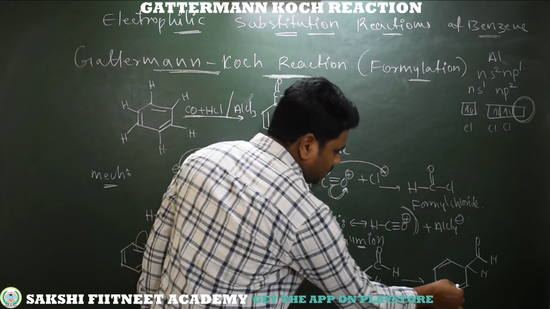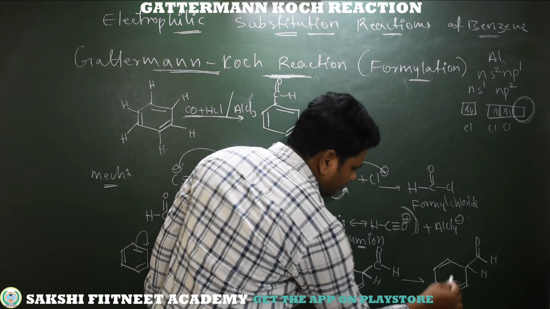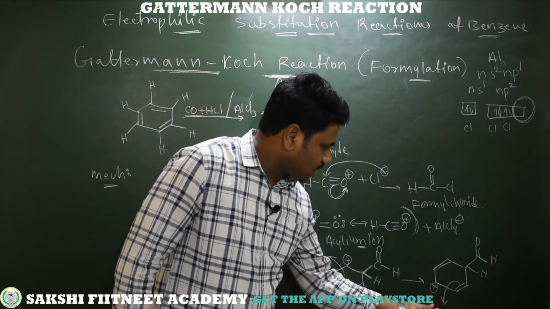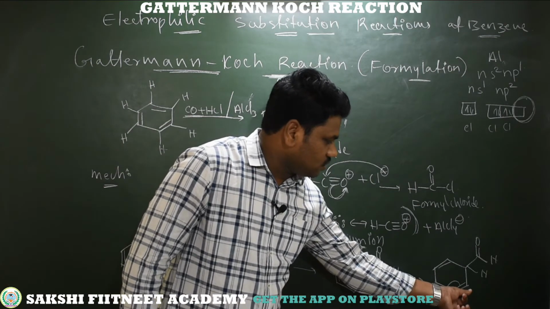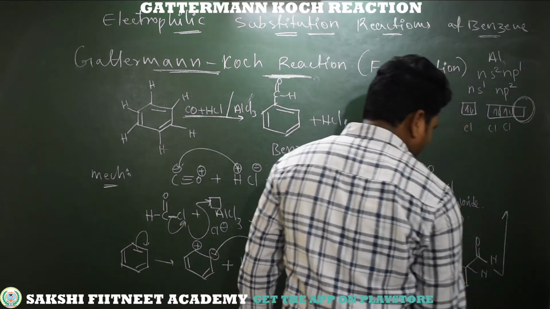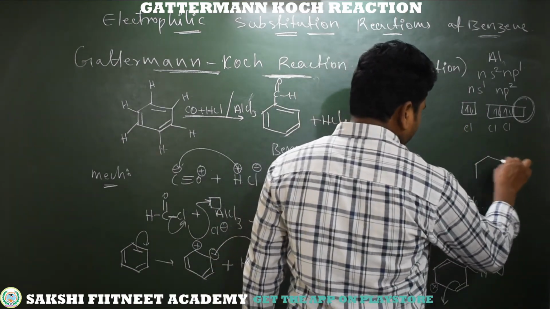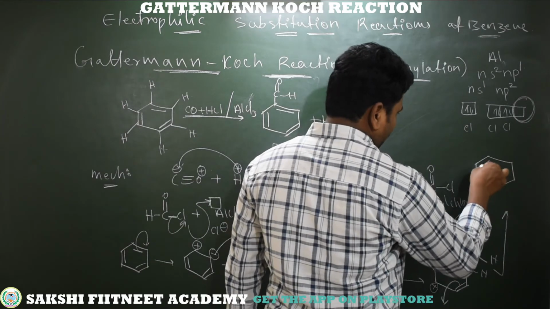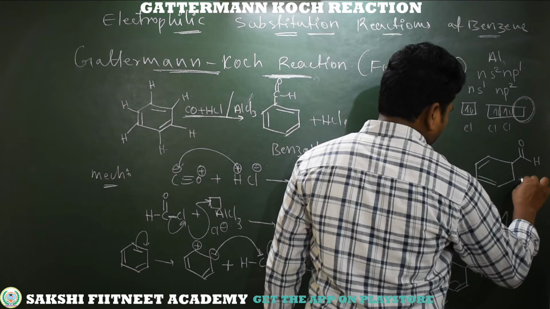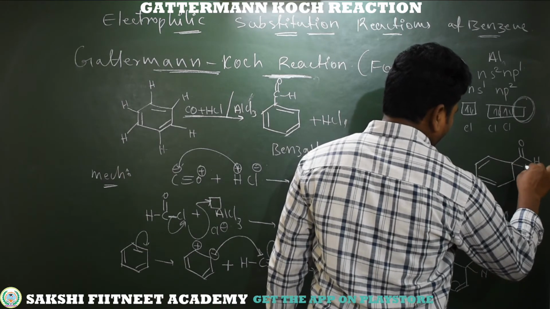Now this positive charge is neutralized by gaining electrons from this pi bond. See, this pi bond shifts towards the carbocation, and we get the positive charge at this carbon, like that. See, we are getting the next step. Double bond OH, this is the place of the charge. This is the next step.